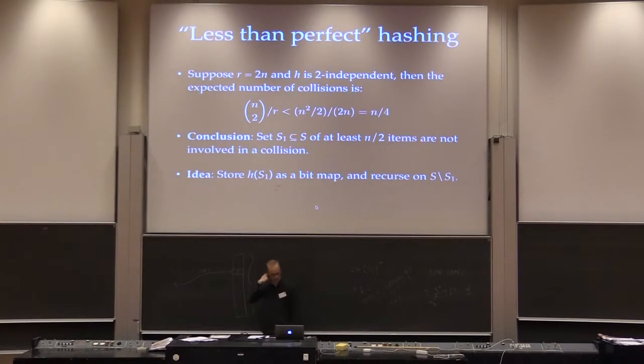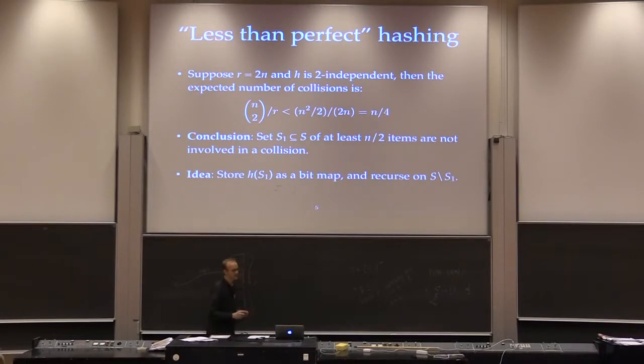But before we go to perfect hashing, I would like to talk about what you might call less than perfect hashing. So suppose that we are aiming to map to a range of size twice the number of items, and the hash function is just 2-independent. Then what we can do is count the number of collisions.